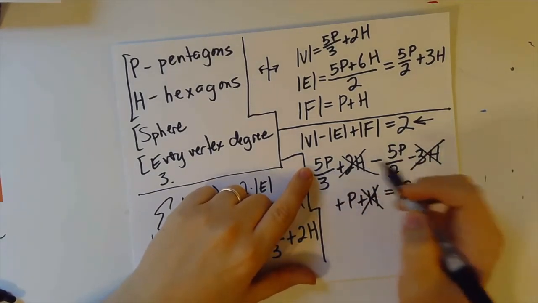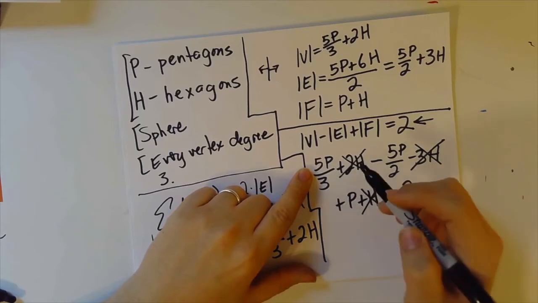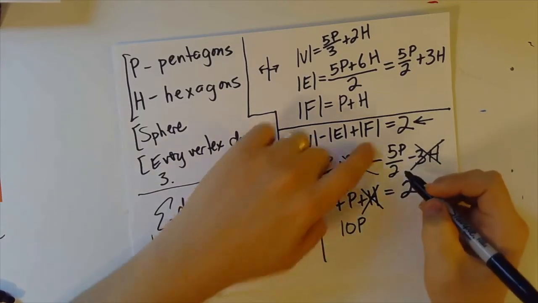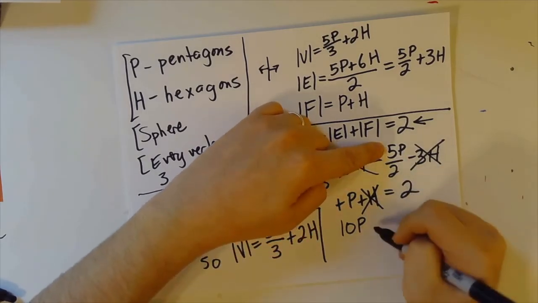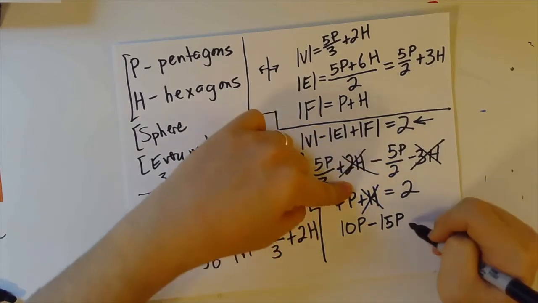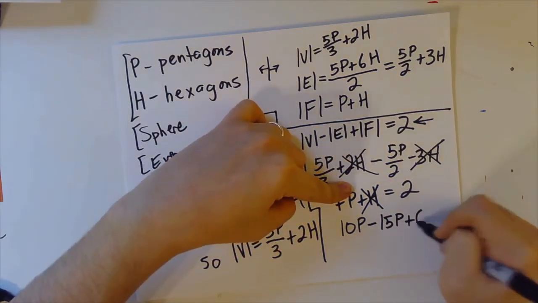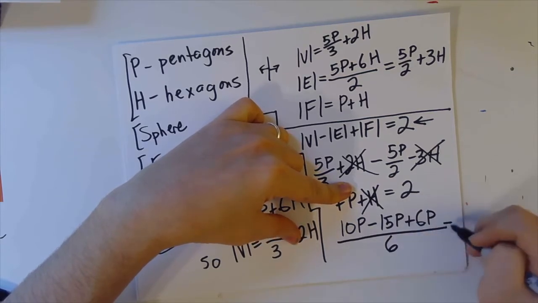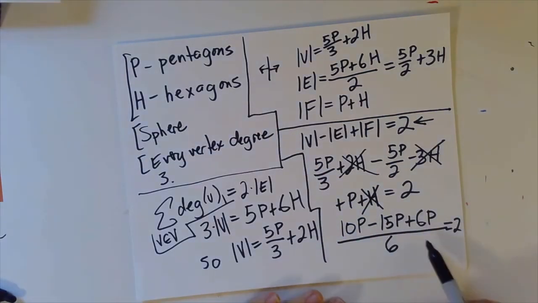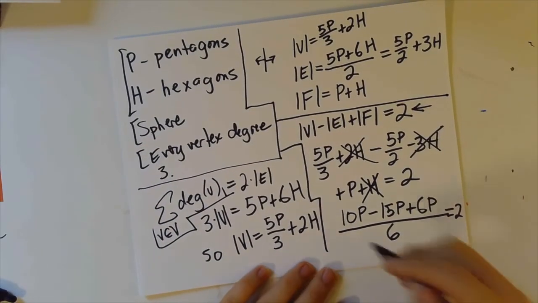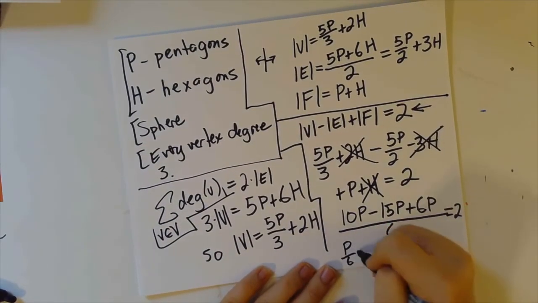This would be 10p over 6, this would be 15p over 6, and this would be 6p over 6. And so that gives me p over 6 equals 2.